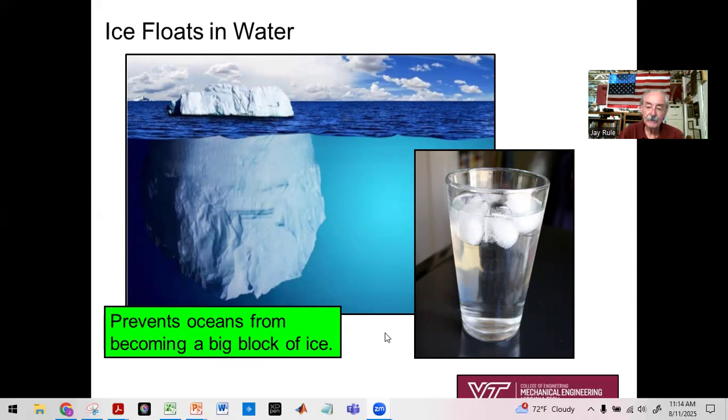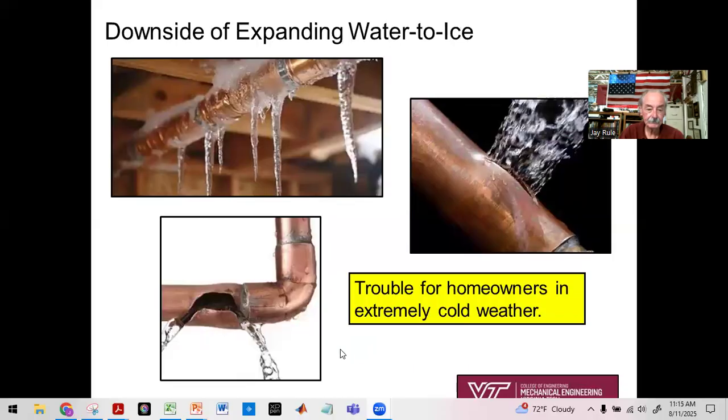So this natural phenomenon of H2O prevents oceans from becoming a big block of ice. And that would be bad news for us. We probably never would have been invented if the oceans became one big block of ice and not water. So we're fortunate that for H2O, ice floats.